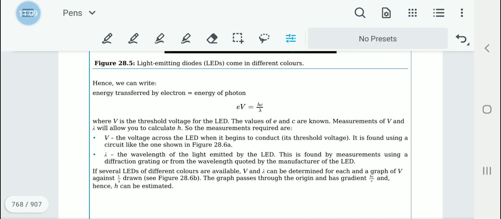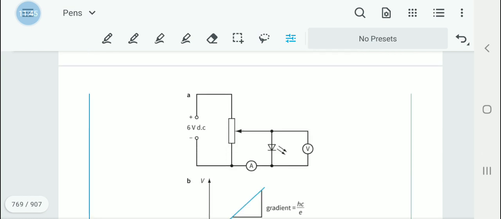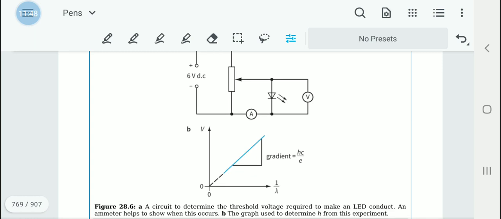If we use several LEDs of different colors, V and lambda can be determined for each one, and if we draw V against 1 upon lambda, then the graph will pass through the origin, and a gradient of hc upon e would be given. This is the type of circuit that we develop. So the gradient would be equal to hc upon e, and from that we can figure out what h is.